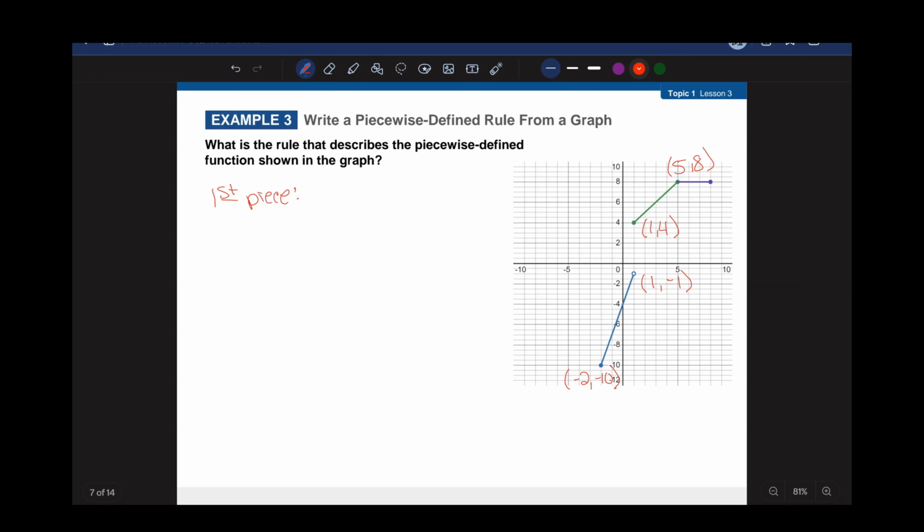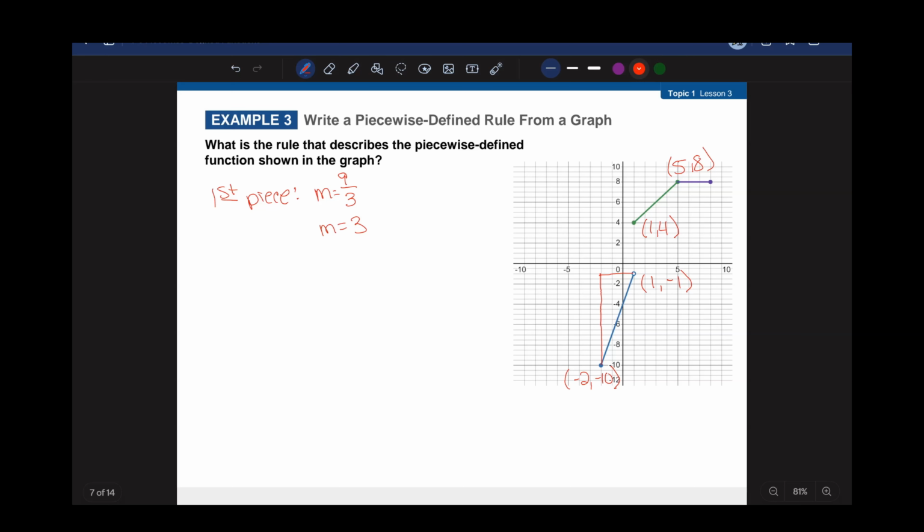Now, I can find my slope by counting up and over if I want to. So this would be 2, 4, 6, 8, 9. I went up 9. And then I went over 1, 2, 3. So my slope is 3.